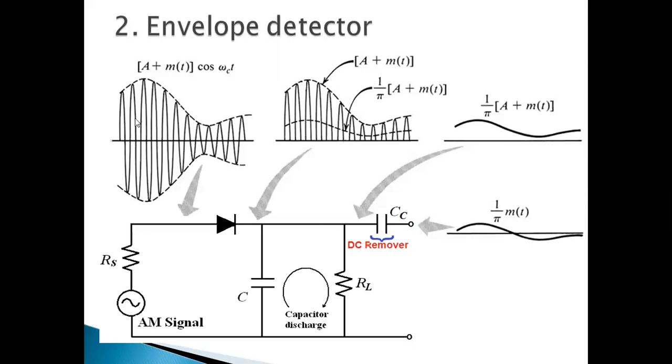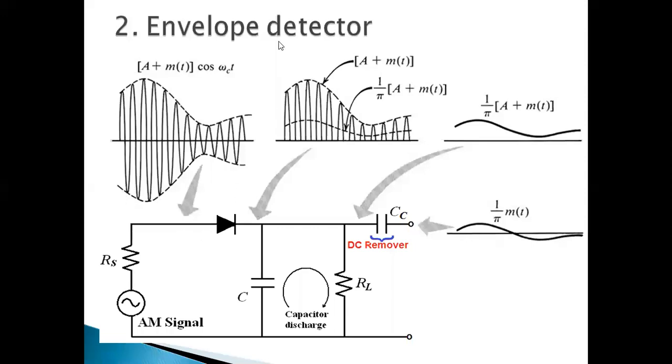This is the positive envelope, and this is represented as the negative envelope. Listen carefully. The output of the envelope detector follows the envelope of the modulated signal.